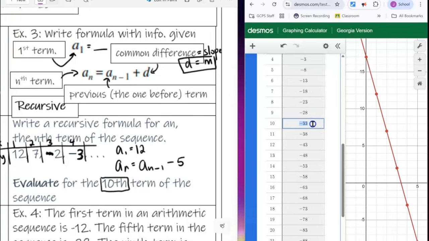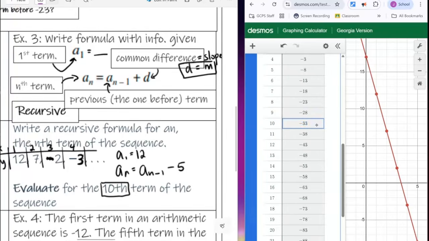What is my 10th number? It is -33. To write that, you say a sub 10, because this means my 10th number, is equal to -33. What this means is when x is 10, y, this whole thing, is -33.